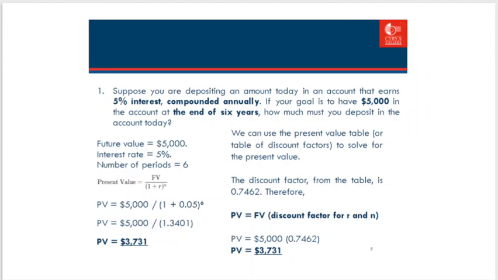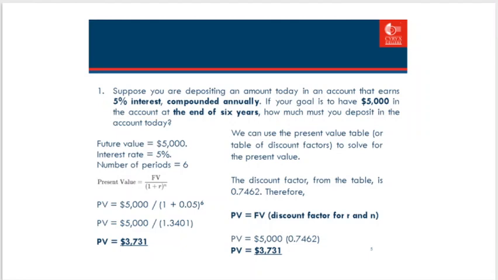From this question, we have to find the present value. The future value equals $5,000. And the interest rate? In this case, 5% interest rate, right? And how long will they invest that money? It says 6 years.